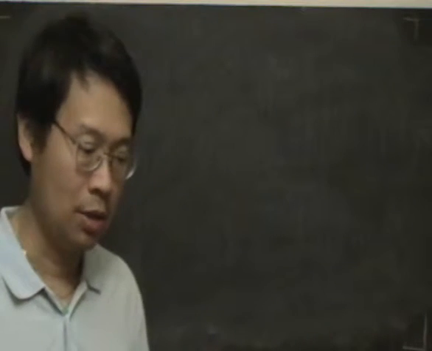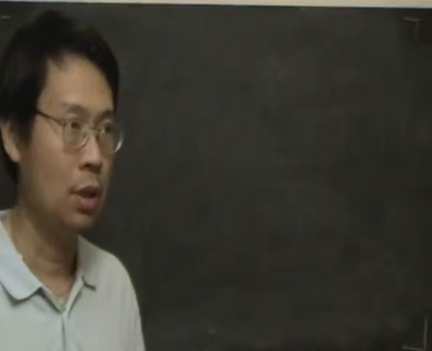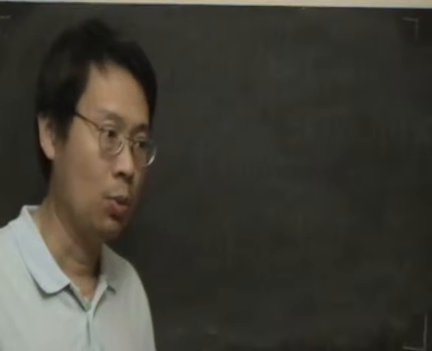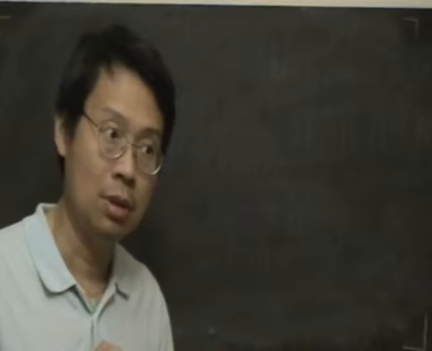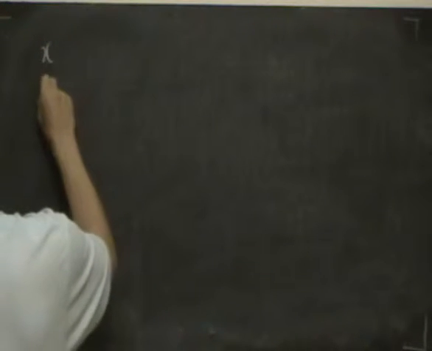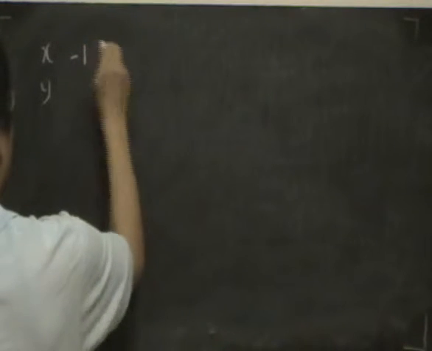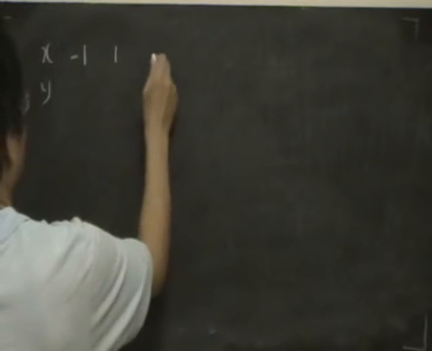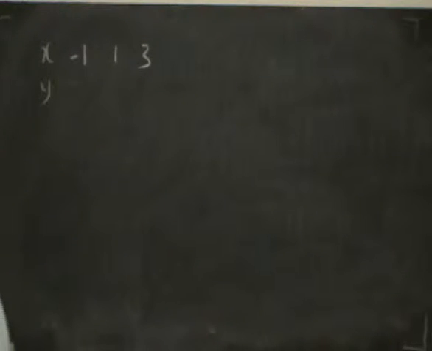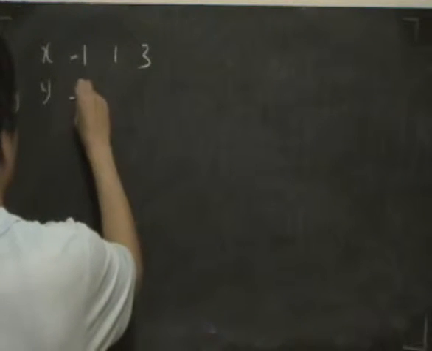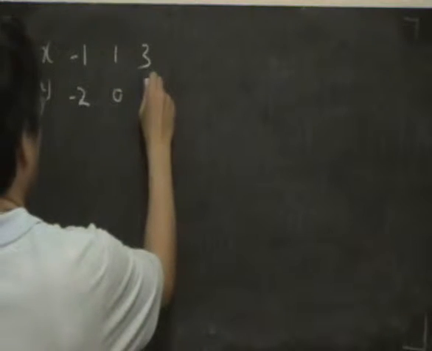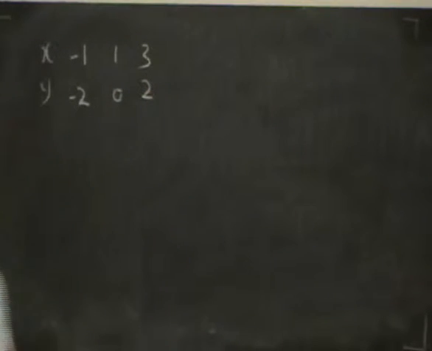So let's start by supposing that we are given a set of two numbers. Suppose that we are given a table like this.